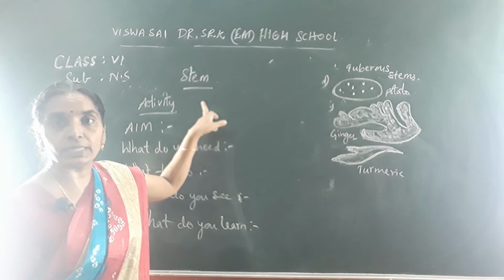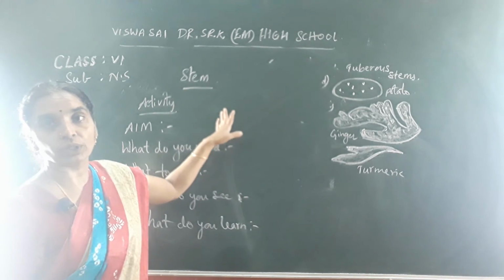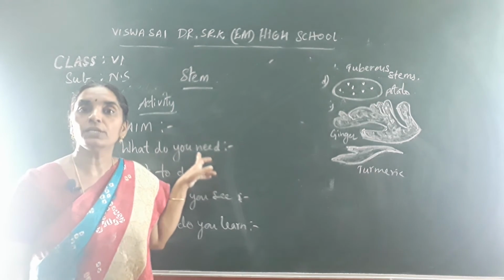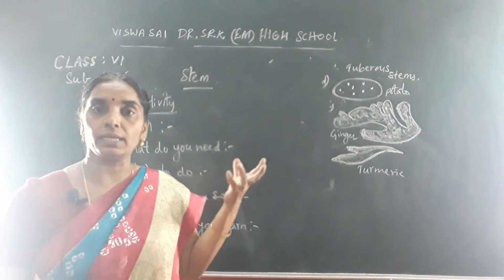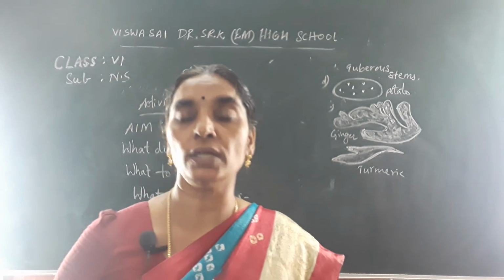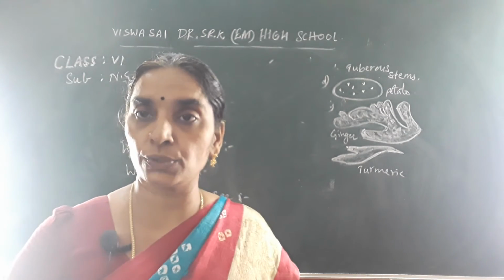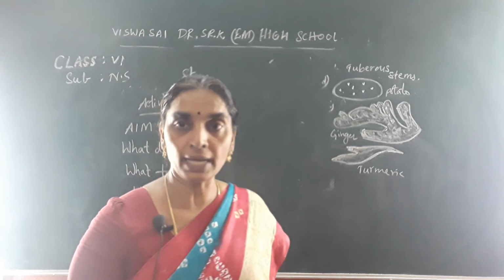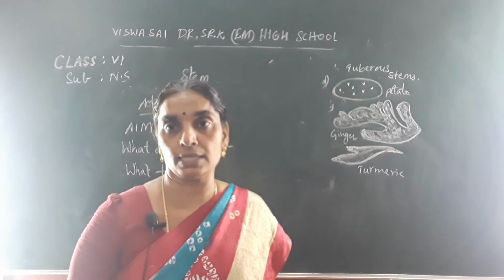Here the aim of the activity is to prove that the stem conducts water and mineral salts from the soil. What do you need for this experiment? You need tender stems, and you have to collect two glass pots, and pour water in them, add red ink to it, put these two tender stems into the collected pots, and then observe after 6 hours or so.